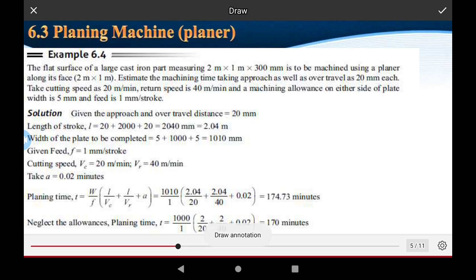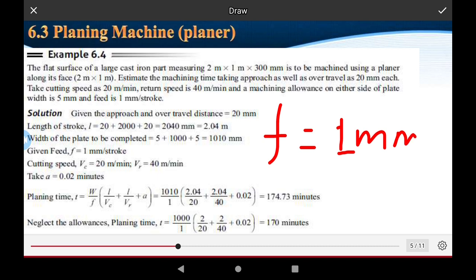The given feed rate is small f equal to 0.1 per stroke, and the cutting speed vc is given as 20 meters per minute. vr is the table return speed, 40 meters per minute.